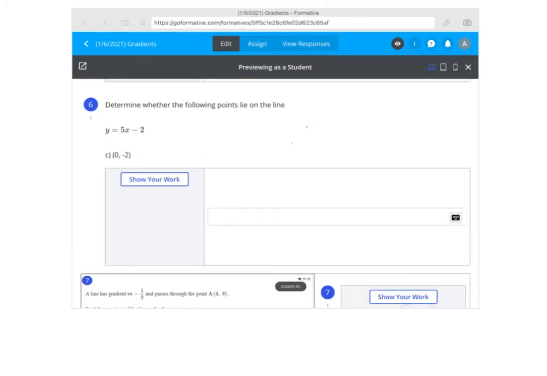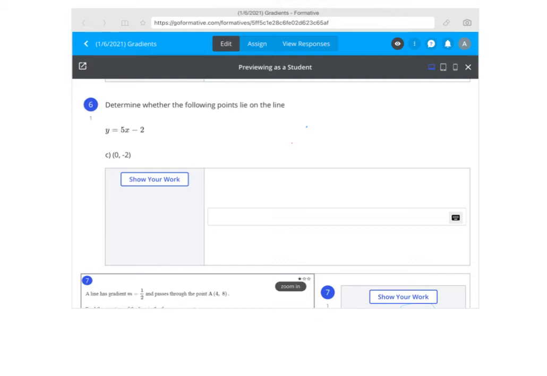All right, so now the next one is going to be the same thing, but we have y is equal to 5x minus 2. So now the easy way to solve this is just recognizing that, and I probably should have mentioned this earlier, when you have y is equal to mx plus b, m is going to be our gradient, and then b is going to be our y-intercept, right?